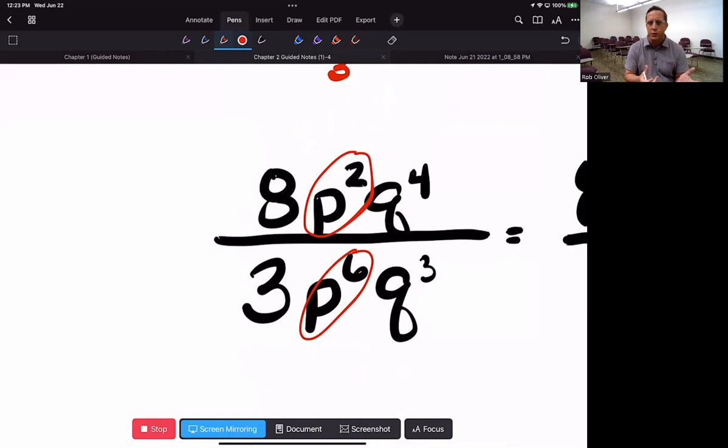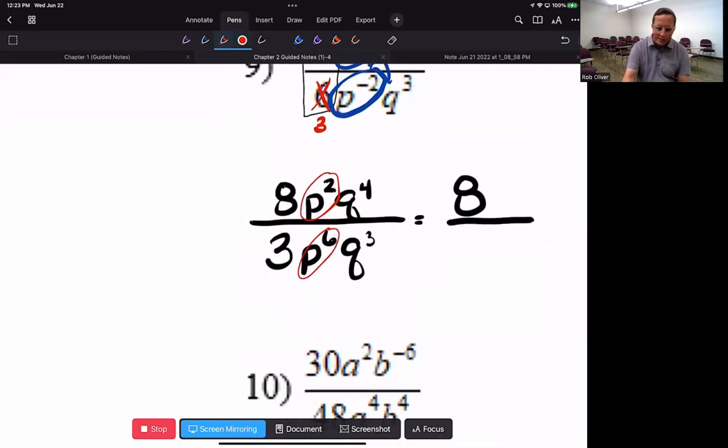What's the difference of 2 and 6? I know that's the same thing, but how far is 2 from 6? Well, it's 4 away. Plus or minus doesn't matter. I'm just saying it's 4 away. So what that's telling us is that there are 4 more P's in the denominator. So that's telling you where they should stay. If there's more P's in the numerator, then you would leave them there. If there's more P's in the denominator, like in this example, we leave them there.